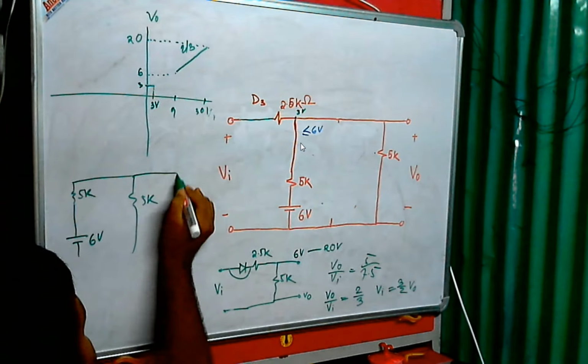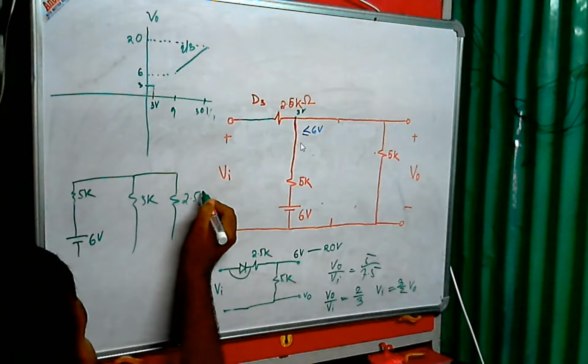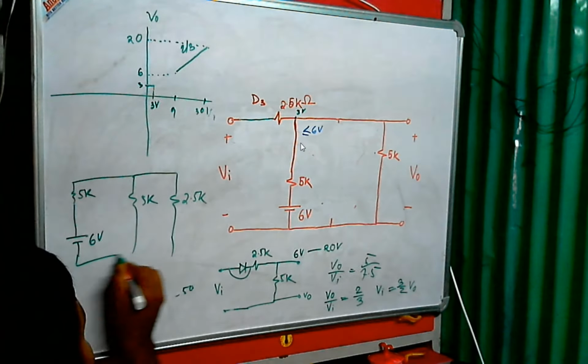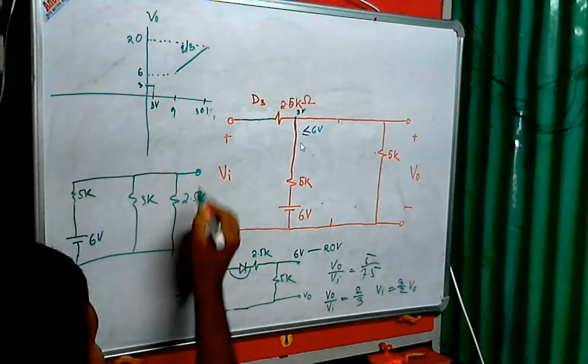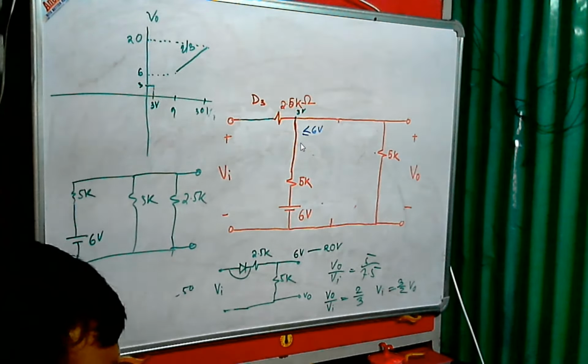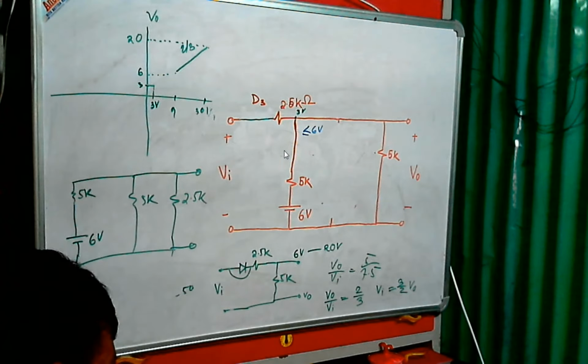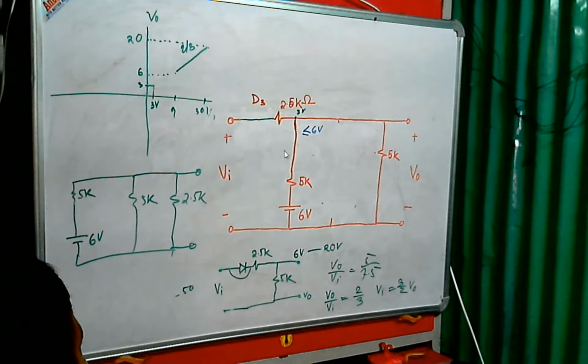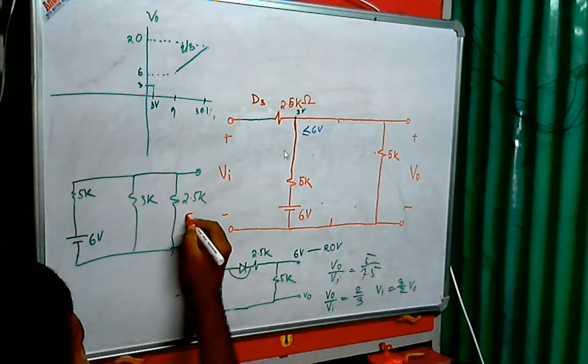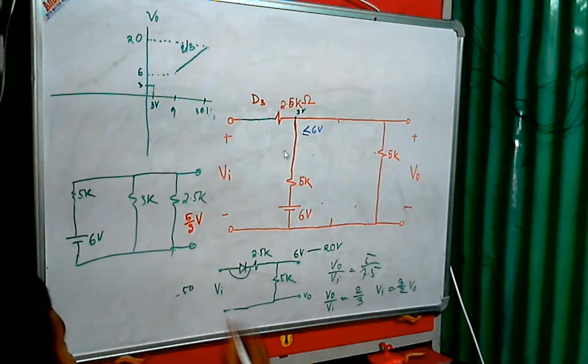So this is 2.5k. This is the first output. You can simply calculate the output as 5 by 3 volt.